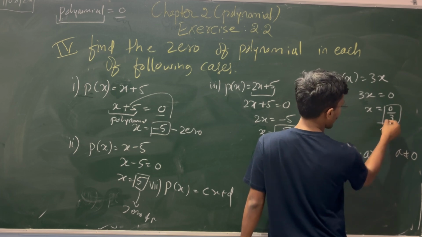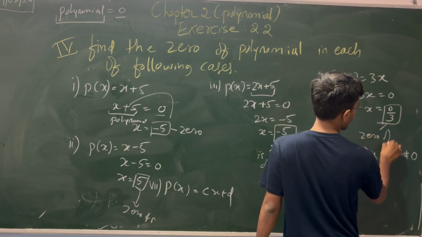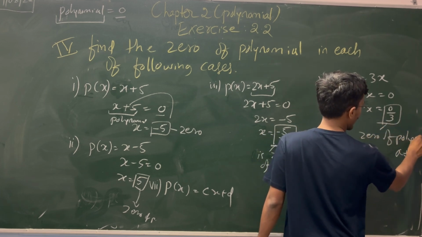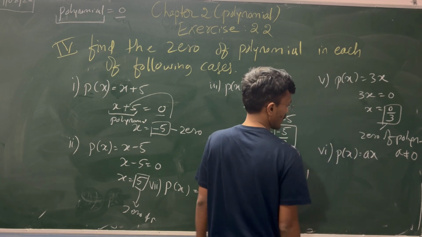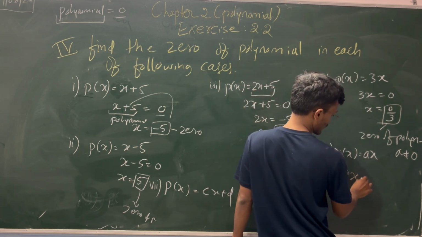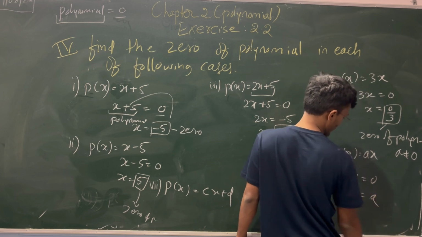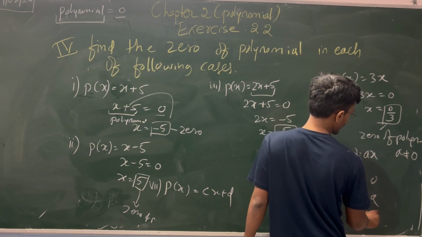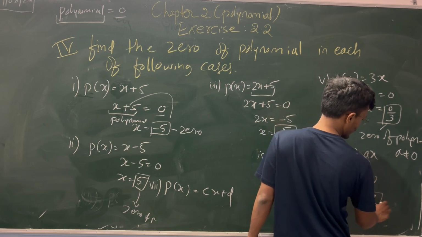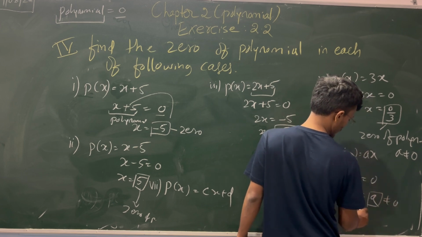So now 0 by 3 is a zero of the polynomial, and ax equal to 0, x is equal to 0, where a is not equal to 0.